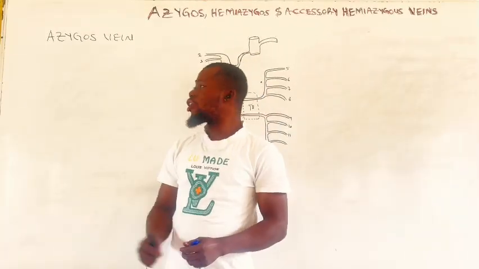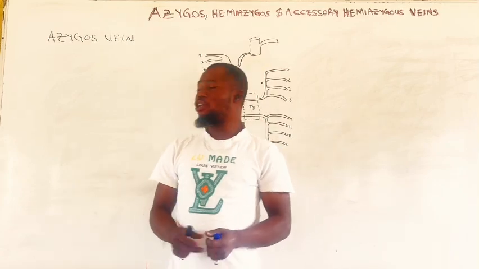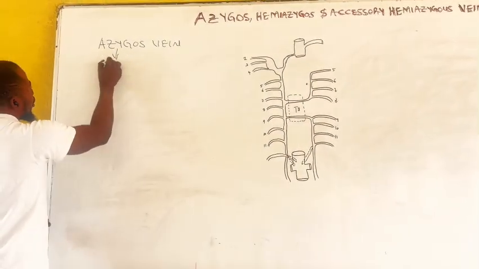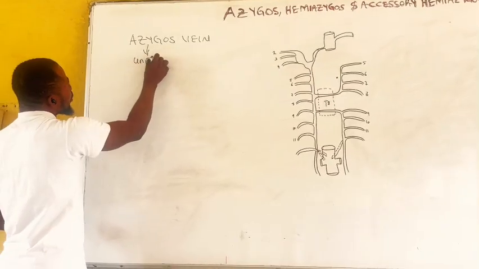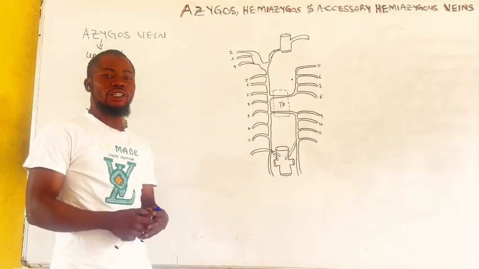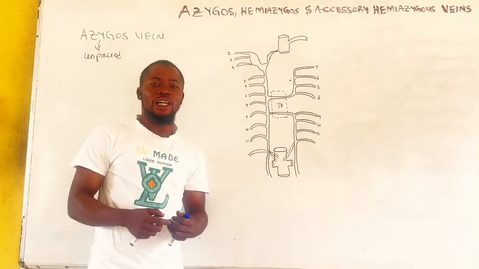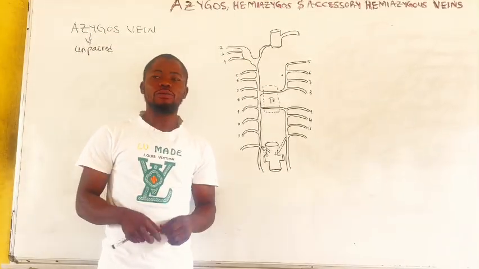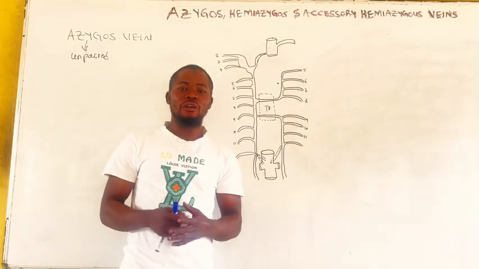Now, the term azygos simply means unpaired. It is a vein that occupies the posterior mediastinum and the upper lumbar region. It drains blood from the thoracic wall and upper lumbar region.